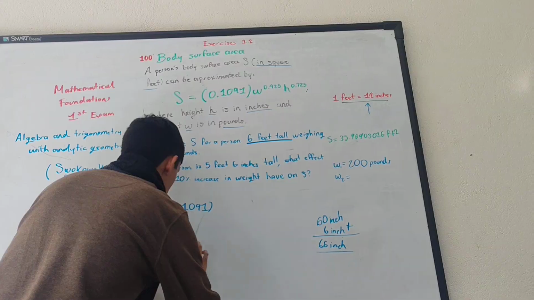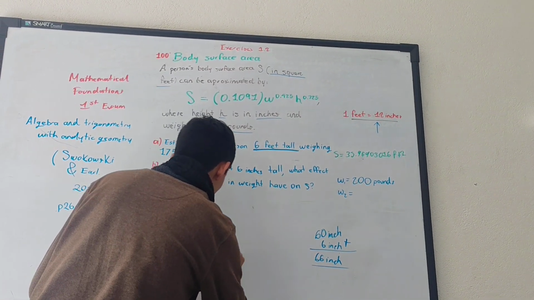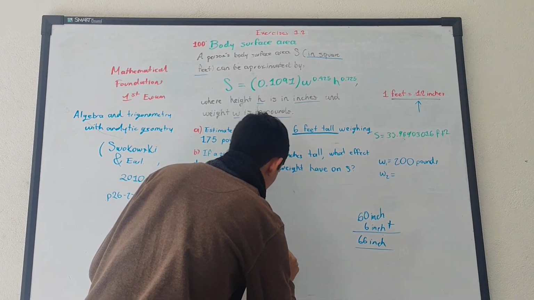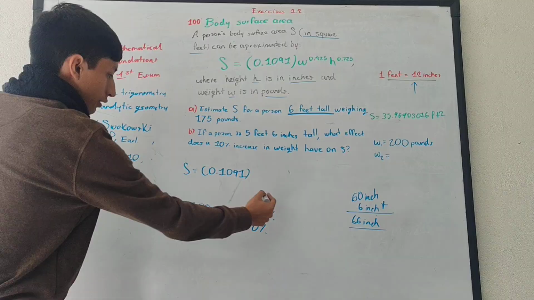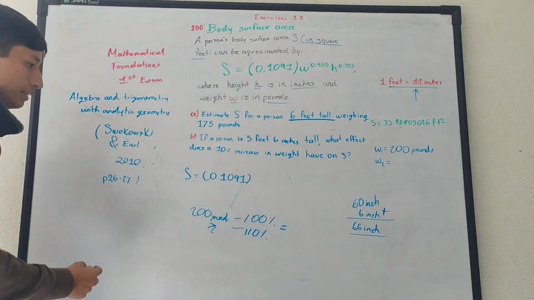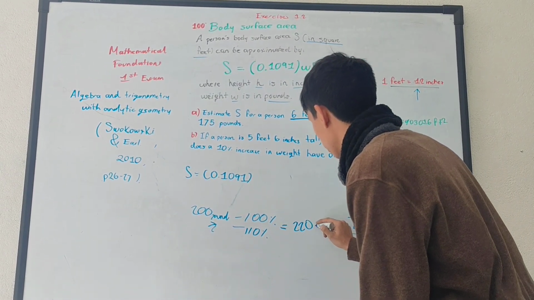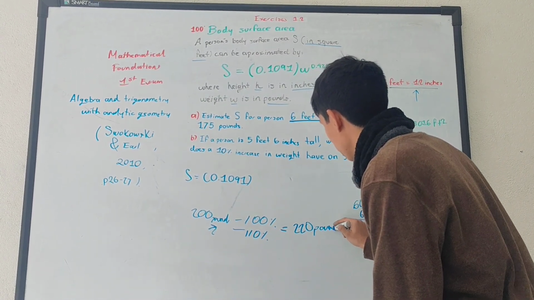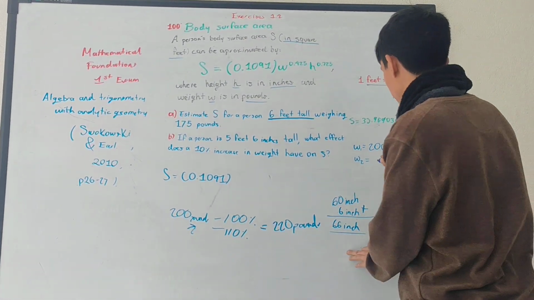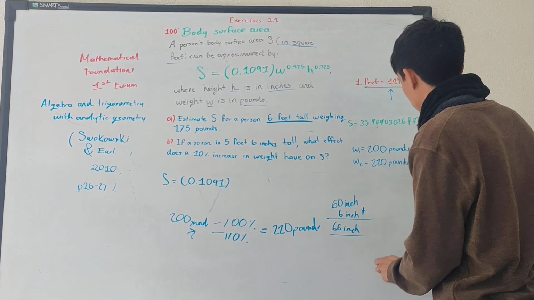200 pounds is the 100%. So 110% should be, and it is so easy, 220 pounds. So our second weight should be 220 pounds.